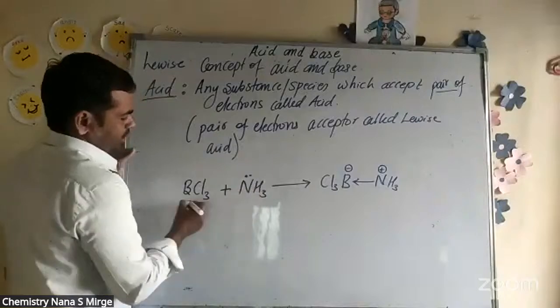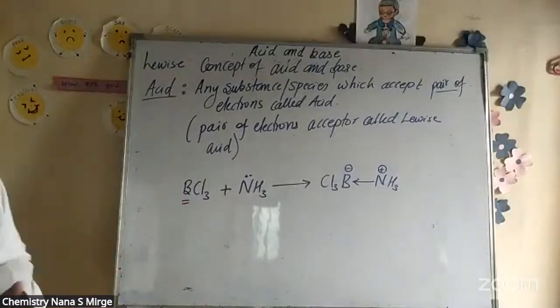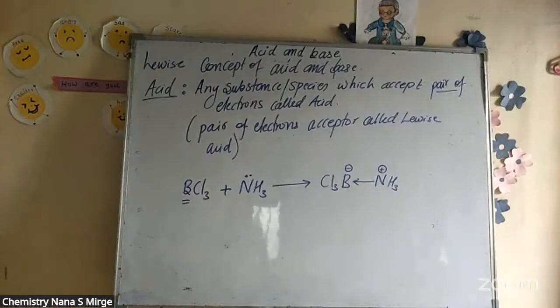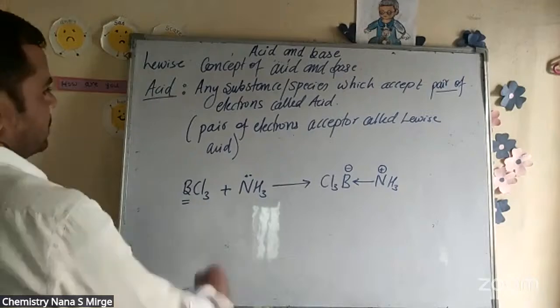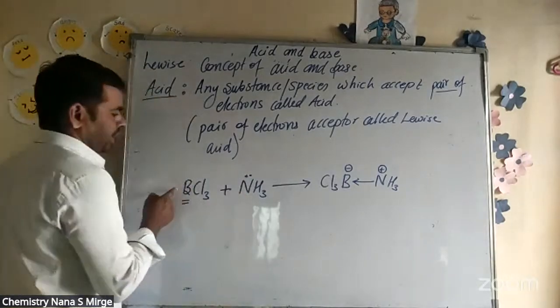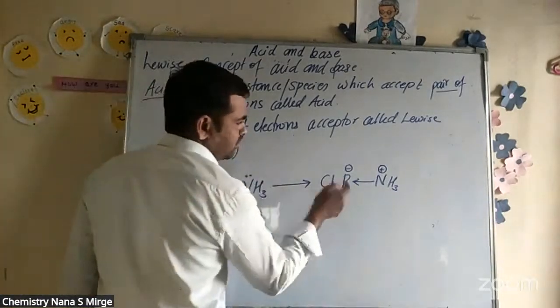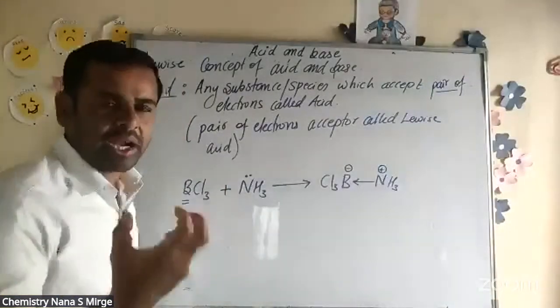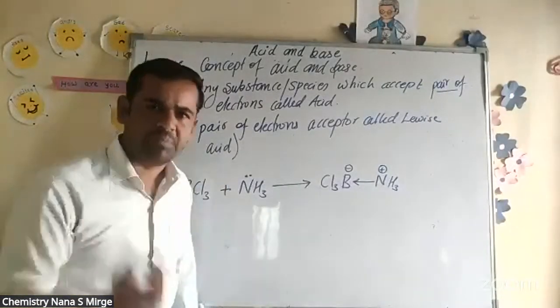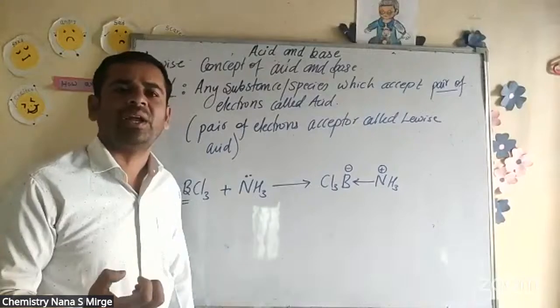The arrow indicates the nitrogen atom gives the lone pair towards the boron atom, and the boron atom can accept the pair of electrons.